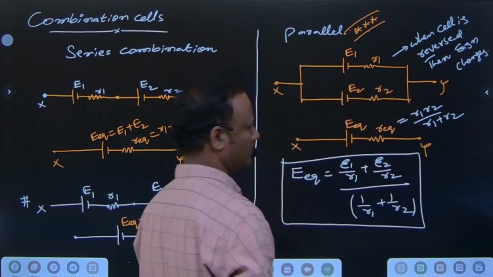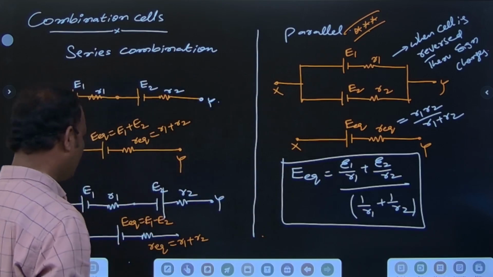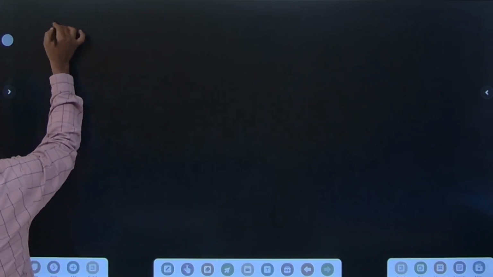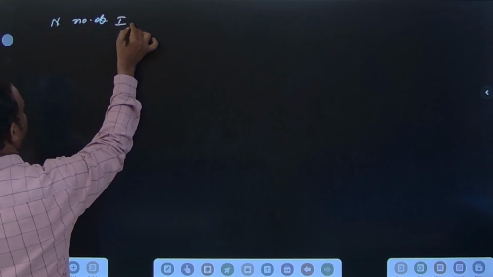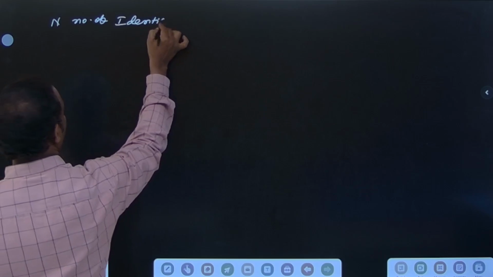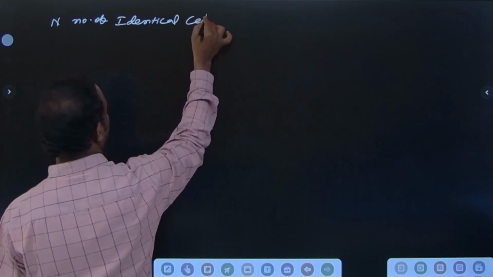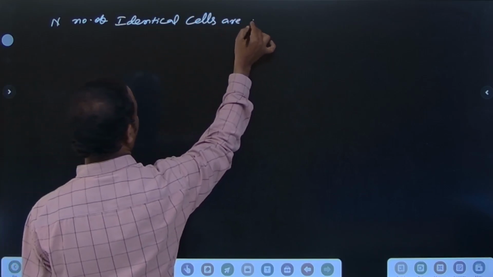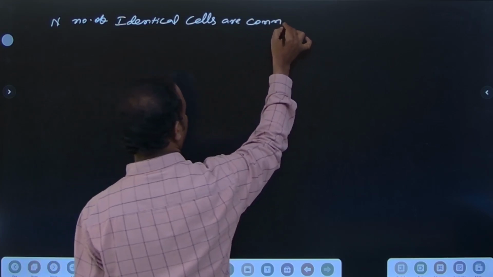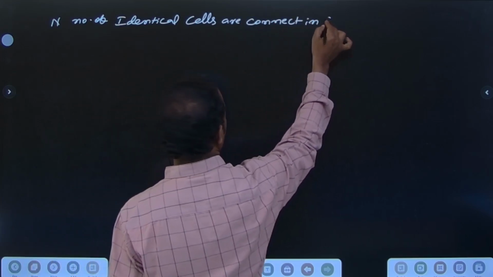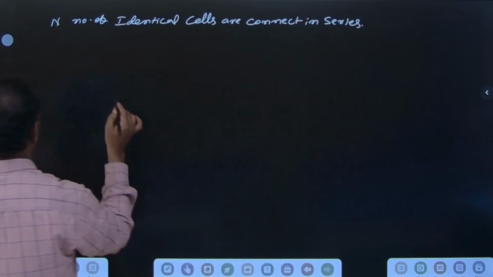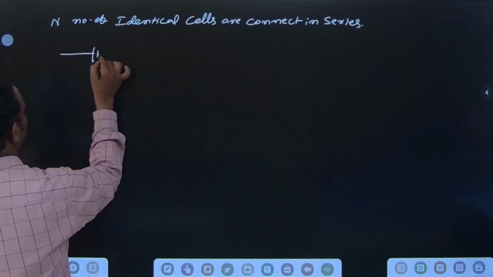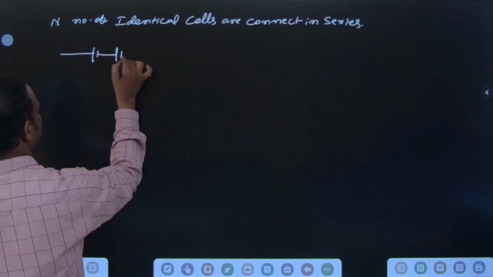Next, for the grouping of cells, n number of identical cells are connected in series. Identical cells means each cell has its internal resistance inbuilt.